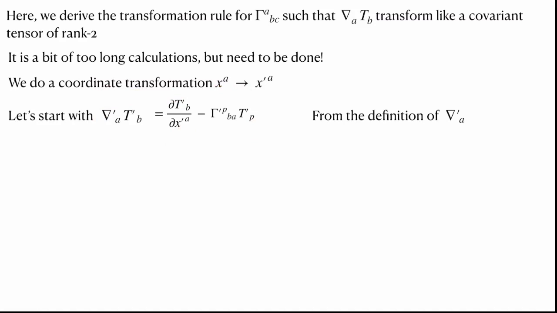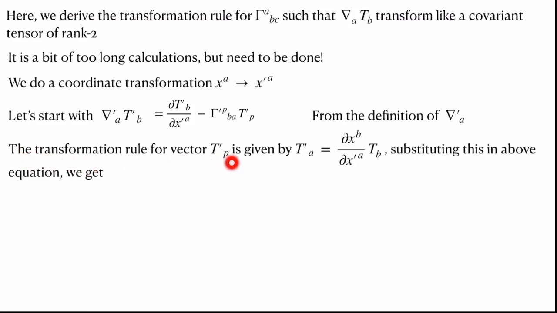So we start with x prime, do a series of coordinate transformations and come back to the coordinate x, and see whether it also follows the same definition of covariant differentiation. Then we can put the constraint on gamma such that these two definitions of covariant differentiation remain form invariant in both coordinate systems x prime and x.